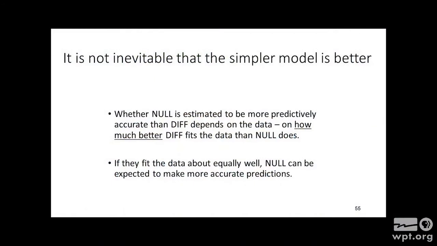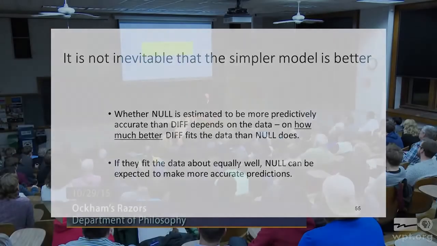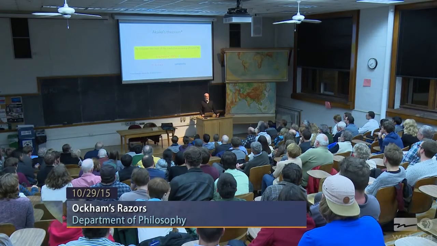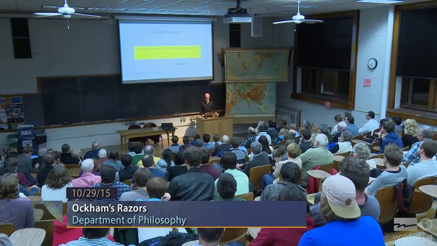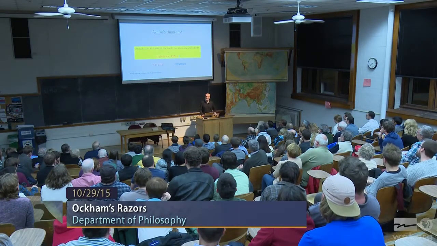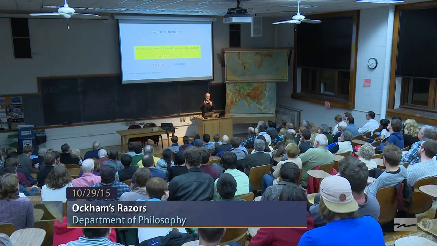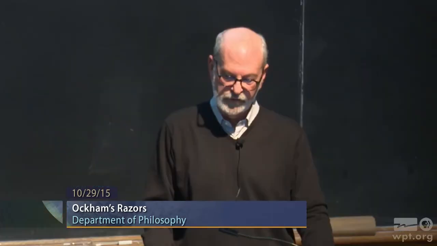Now, the AIC framework and other ideas in this part of statistics called model selection theory don't say the simpler theory is always better. Because notice that there are two things that are relevant to evaluating a model. Not just how simple it is, but how well it fits the data. And there's a kind of conflict or trade-off between those two considerations.